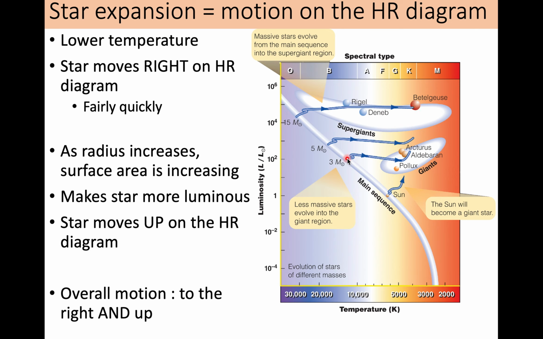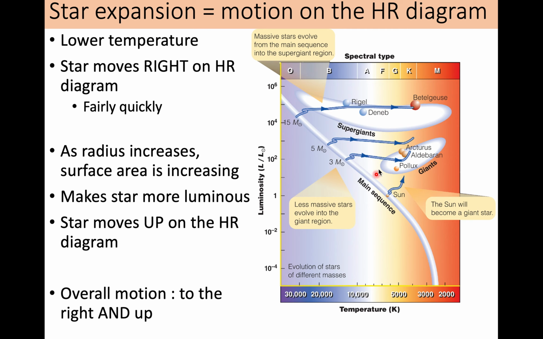Because the changes occurring are both temperature and size, the star actually stays at about the same luminosity as it's moving away from the main sequence towards the supergiant or the giant. If you have a large main sequence star, the luminosity is going to stay quite constant.